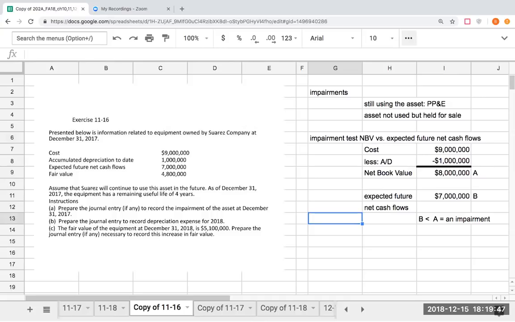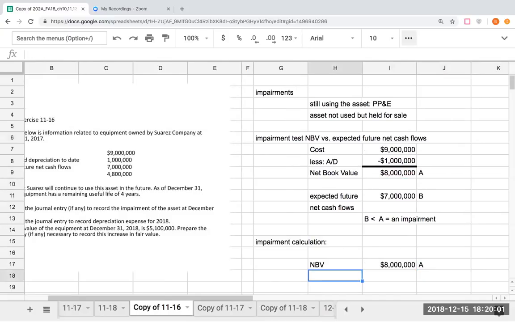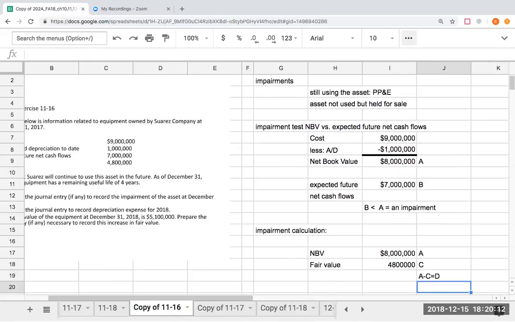Now for the actual impairment calculation, I take the net book value we just computed up here and compare it to the fair value of $4.8 million. And so we get an impairment of $3.2 million.